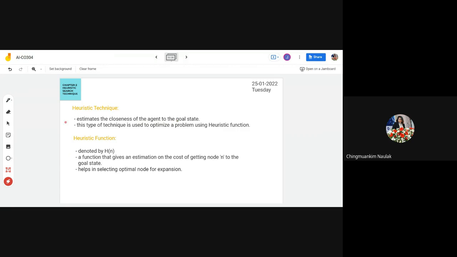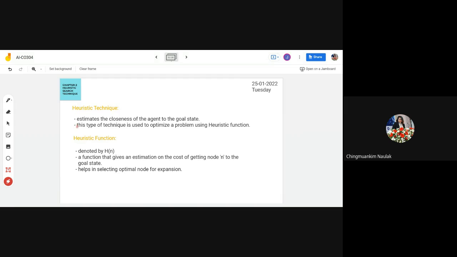Okay, so heuristic search is the estimation of how close the agent is from the goal by taking the current state of the agent as input.